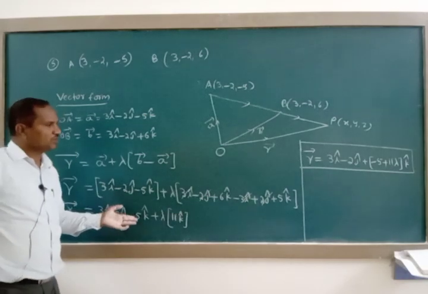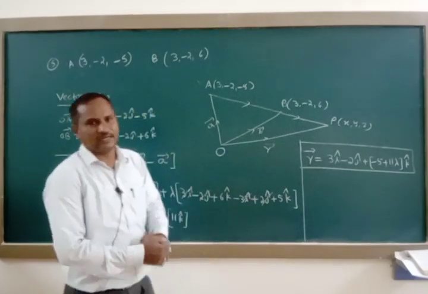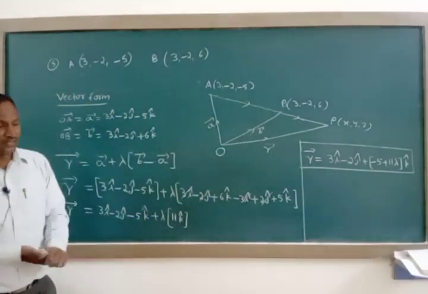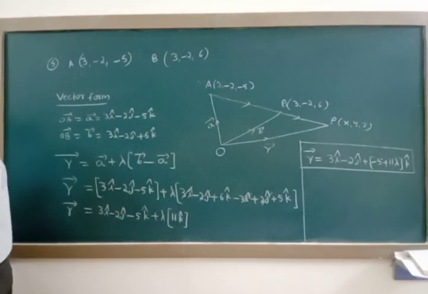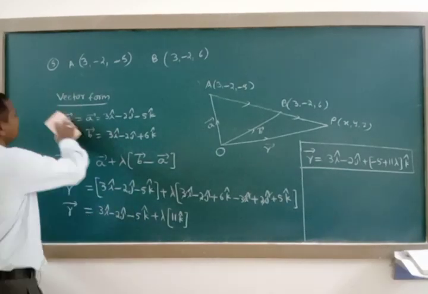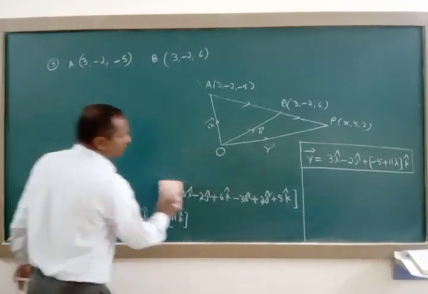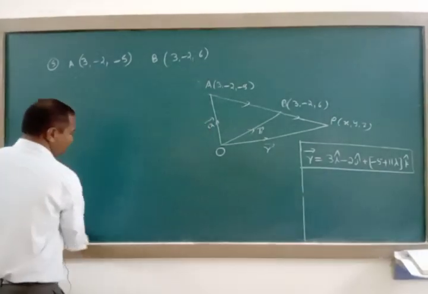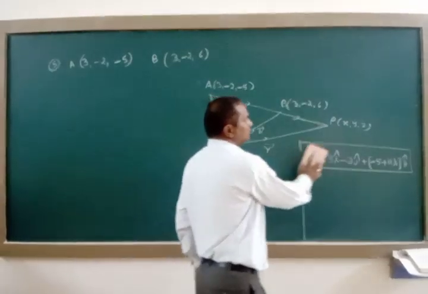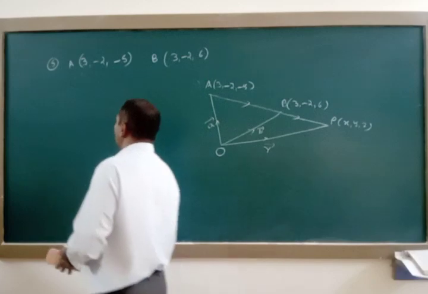On simplification, we'll get the required equation of the straight line in vector form. At the same time, they're asking for the Cartesian form also. The Cartesian form is very simple compared to the vector form. By remembering the formula, just substitute all the values of the given 2 points, and we'll get the equation of the straight line in Cartesian form.